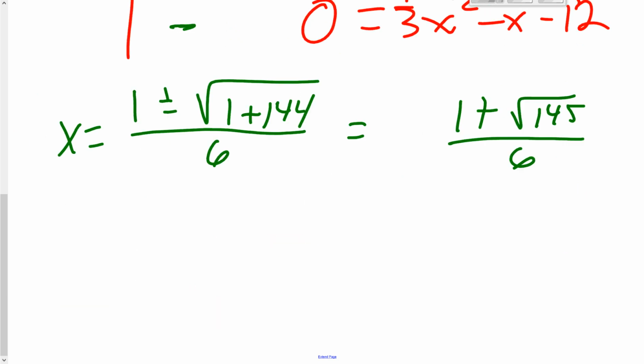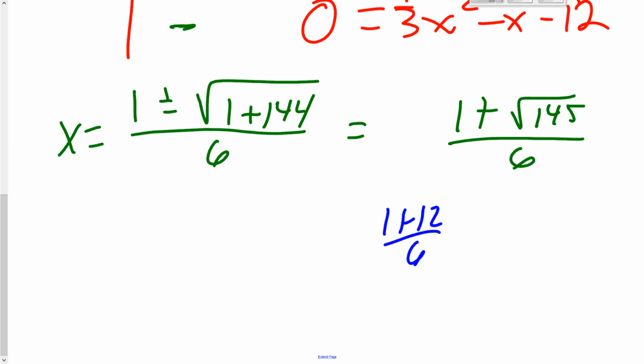Remember, you're doing a log, so we should always go back and plug in our answer to make sure that it works. And why I only did a plus here is because if I do just the square root of 144, which is really close to 145, it's 12, and 1 plus 12 is 13 divided by 6.